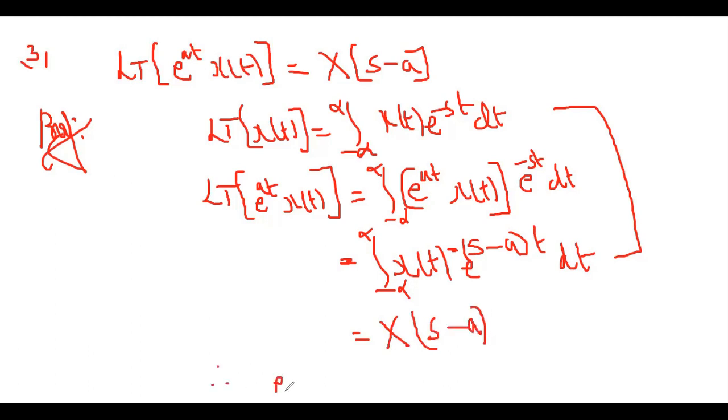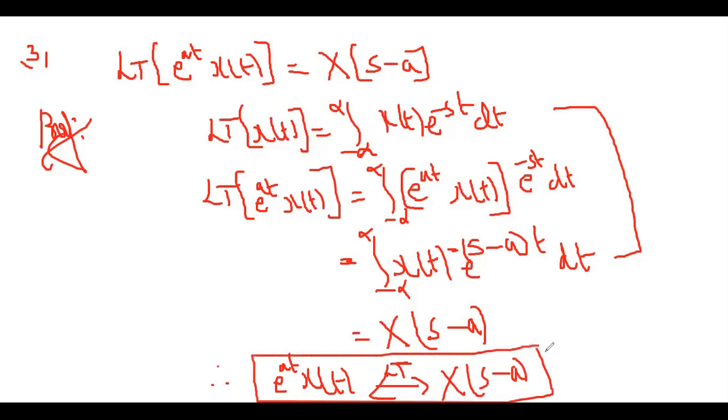Therefore, the Laplace transformation of e power a t x of t gives X of s minus a. That means the frequency is shifted with a samples, and a positive exponential is multiplied to the time domain function.